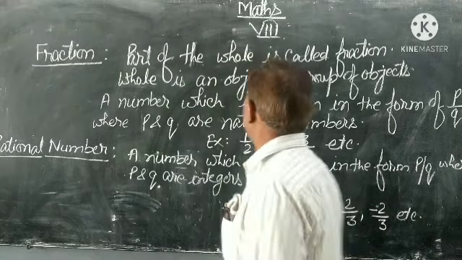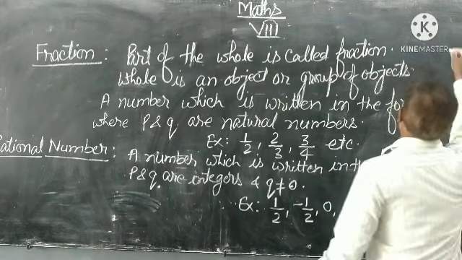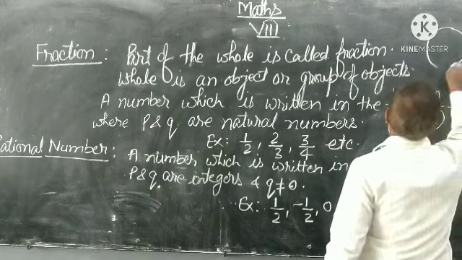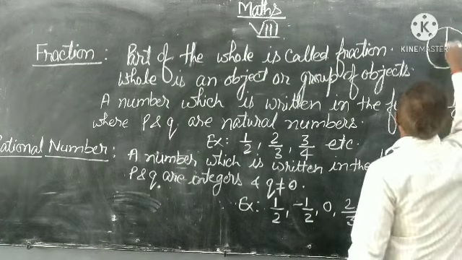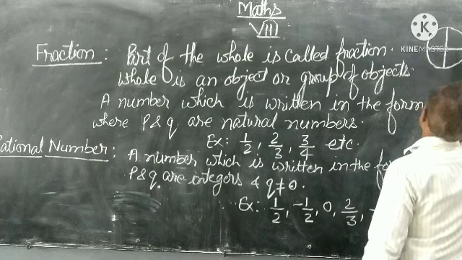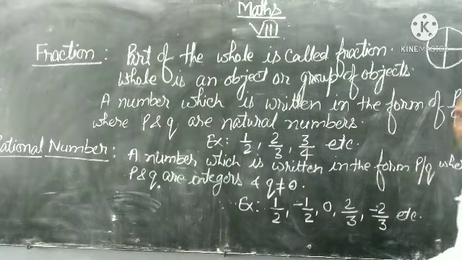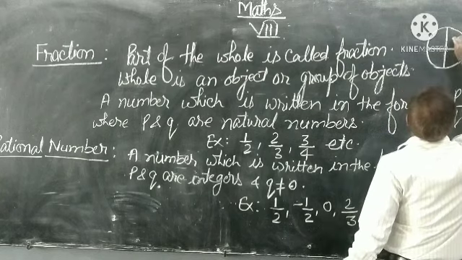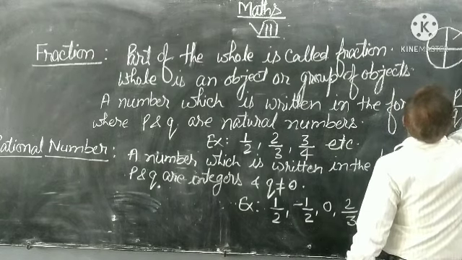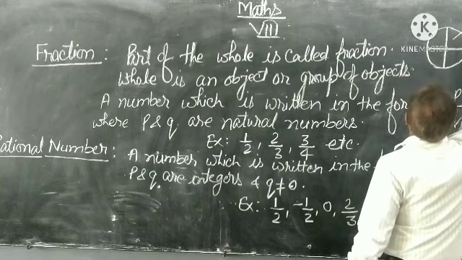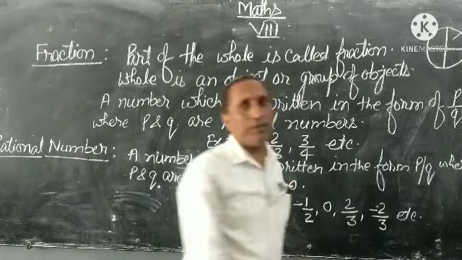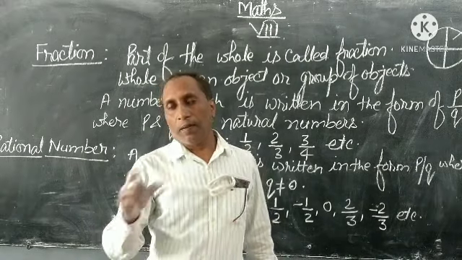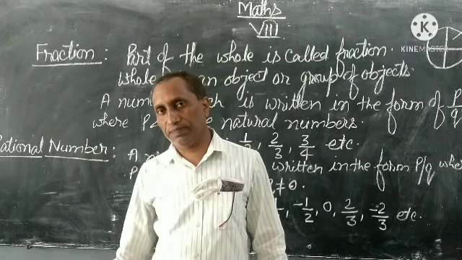Like if you take a circle and divide it into 4 equal parts, when you take one part from these 4 parts, you get 1 by 4. This is the fractional part of 1 out of 4.